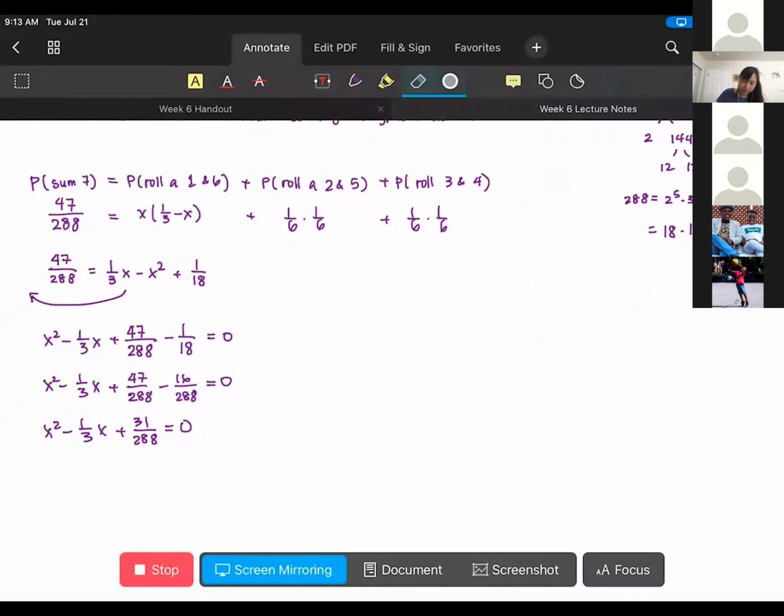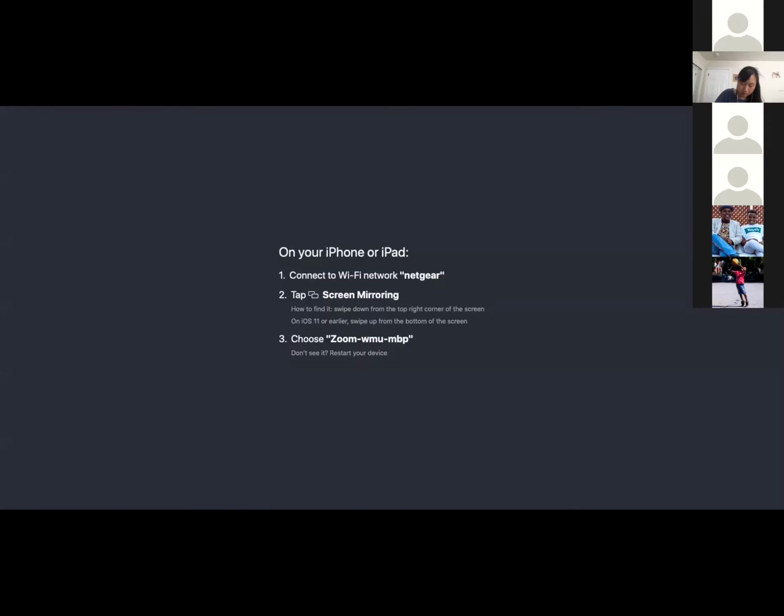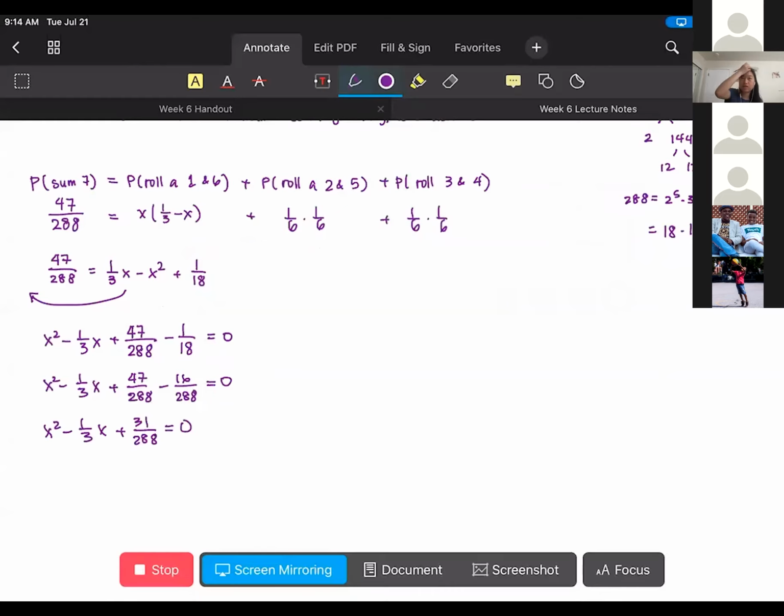All right, so I think I did the math right, but I think we missed something up here. The probability that we roll a 1 and a 6, we actually have to take into account both orderings.